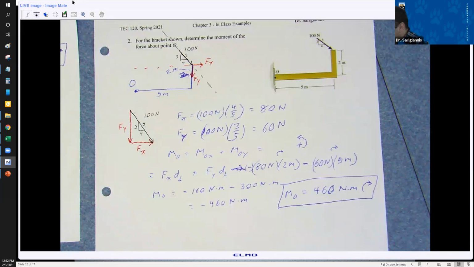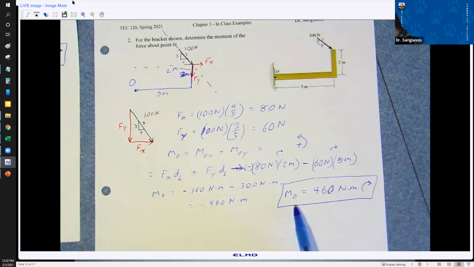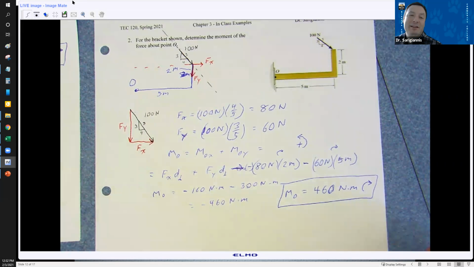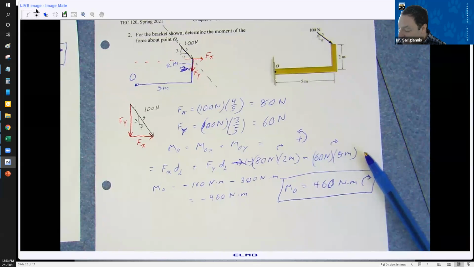That way, when you add them up, you have a sign convention. You could pick the opposite convention; as long as you keep track of all your signs, it doesn't matter. Your final answer will still be 460 Newton meters clockwise, the physical result of this problem. Any questions about this problem?